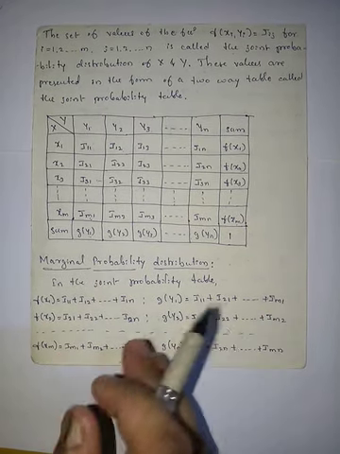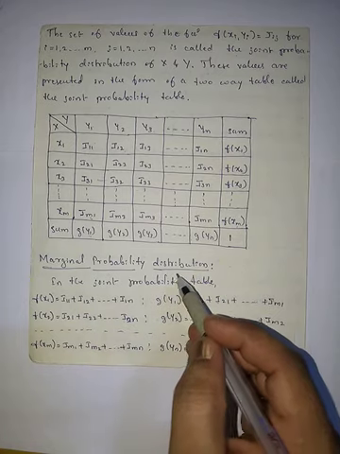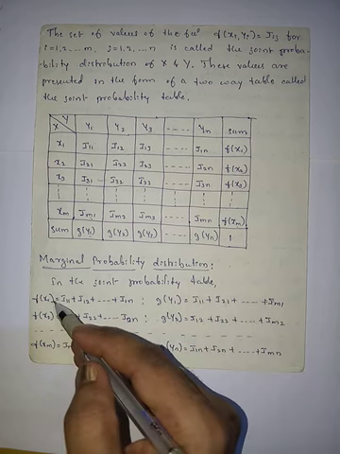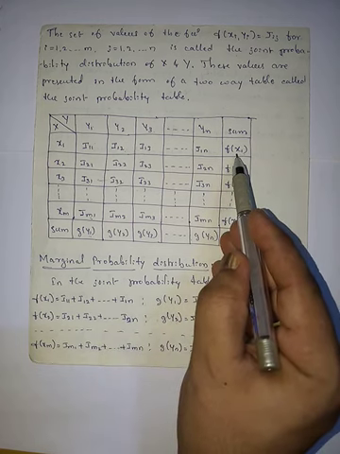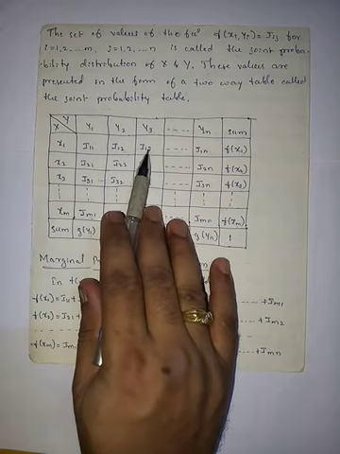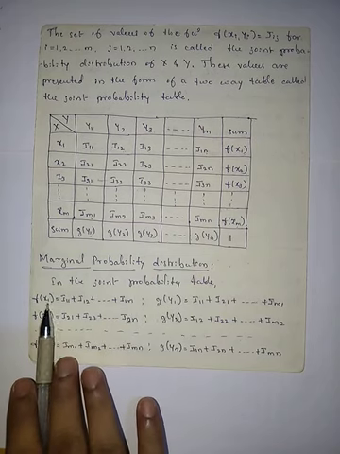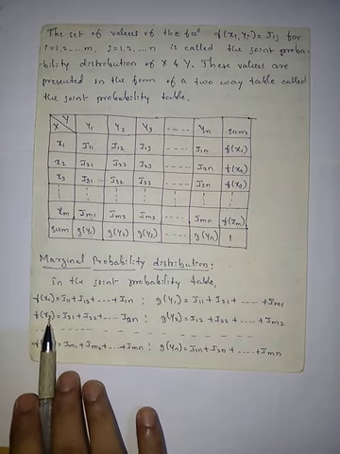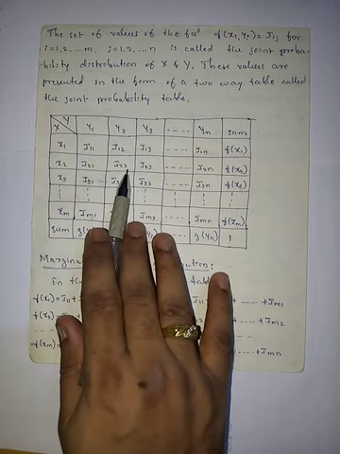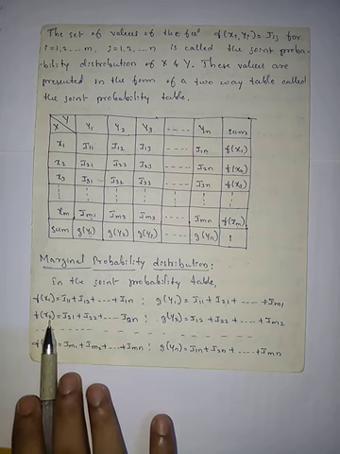And here is other information about the table, like the marginal probability distribution. As already told, f of x1 is j11 plus j12 plus j13 and so on, up to j1n. This is the sum denoted by f of x1. Similarly, f of x2, the second row, is j21 plus j22 plus j23, and so on, up to j2n.